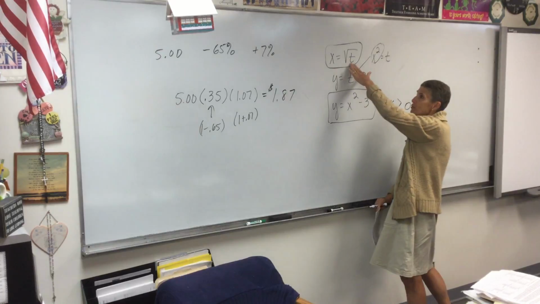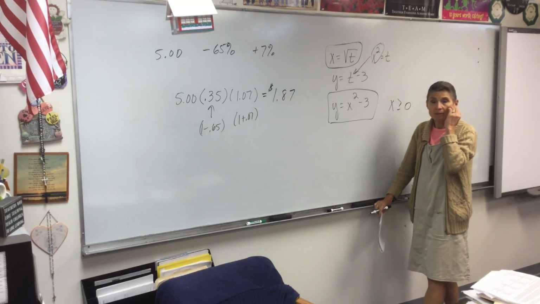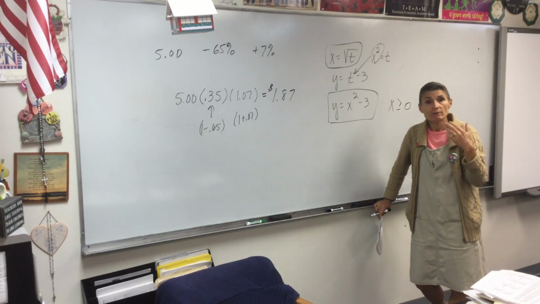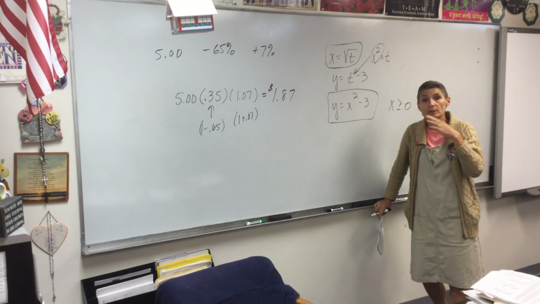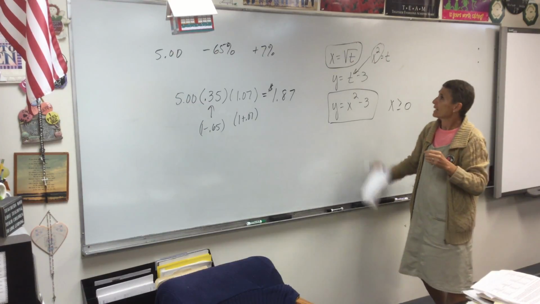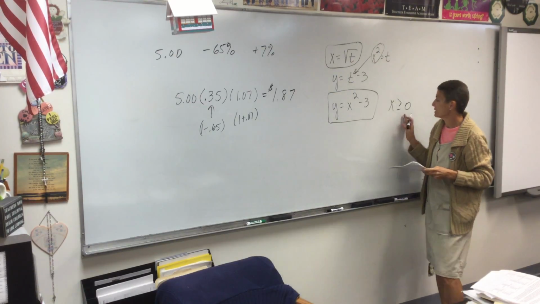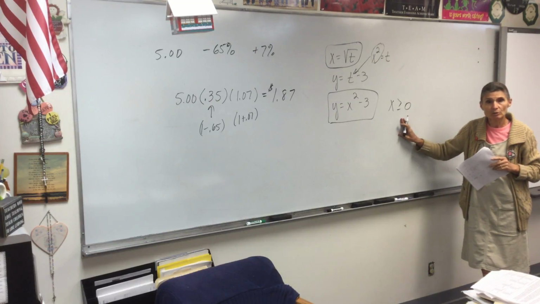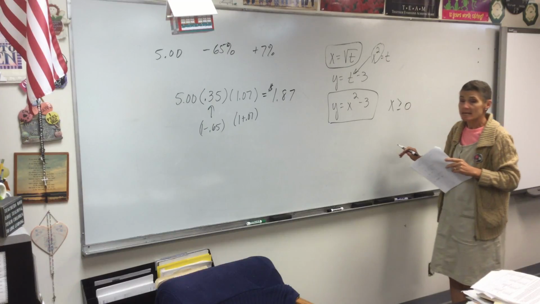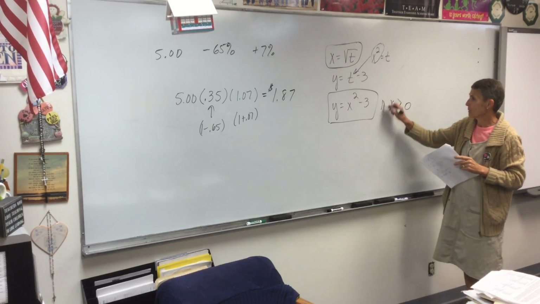Because no matter what you put in for t, x is going to be the positive square root of that. So if you put in 4, you get 2. If you put in 16, you get 4. Every number you get out for your domain is going to be greater than or equal to 0. The range, this is your domain.